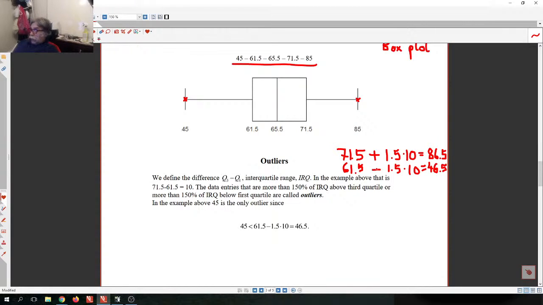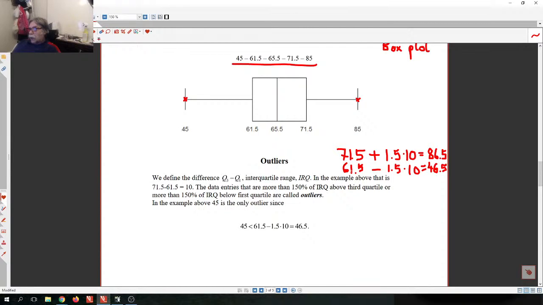So how do you get those boundaries? Well, find 150% of the interquartile range. In this particular case, that is 10, and 150% is 1.5. So you multiply, that's 15, and add to the quartile 3, or subtract from the quartile 1.